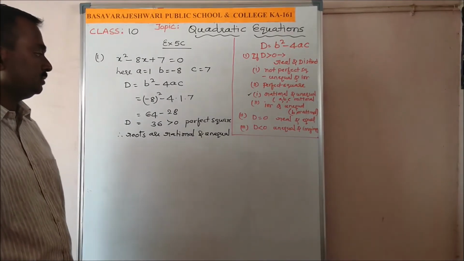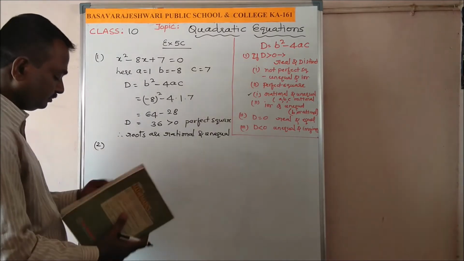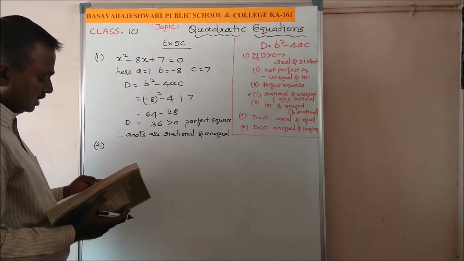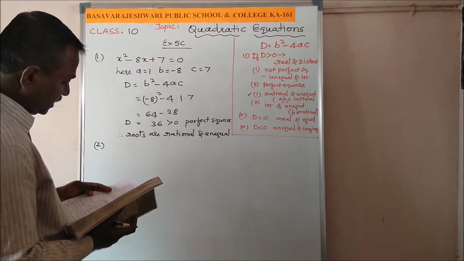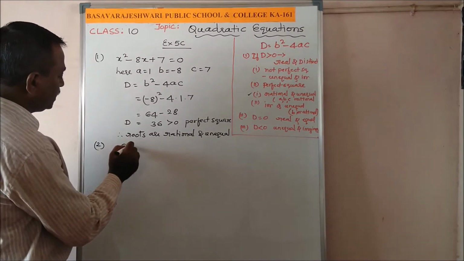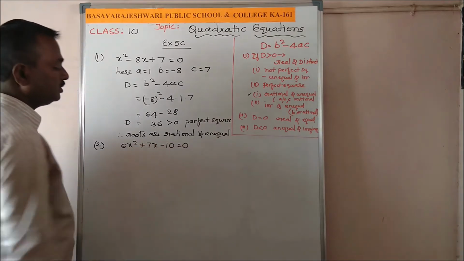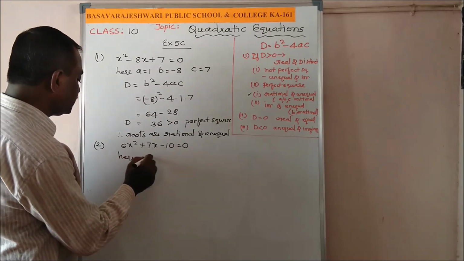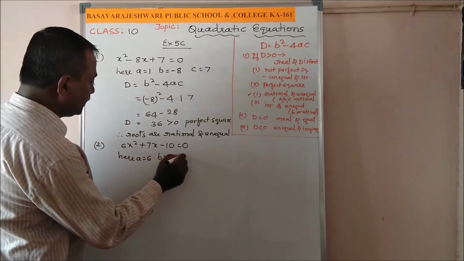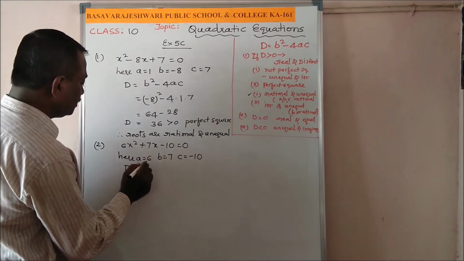Okay? So this is the first sum. Second sum: 6x square plus 7x minus 10 is equal to 0. Here a is equal to 6, b is equal to 7, c is equal to minus 10. So what is the discriminant?